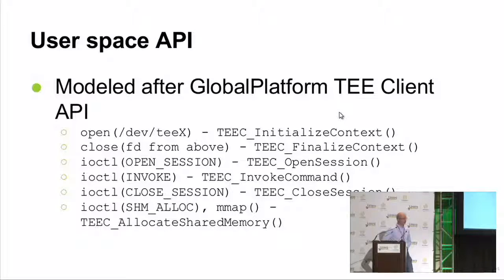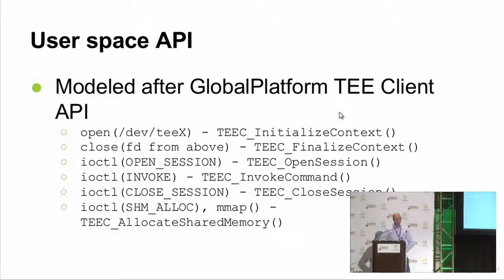The user space API provided by the TEE driver, or actually the TEE subsystem, is the component that exposes it. It's modeled after the GlobalPlatform TEE Client API quite closely, and here we can see how the different functions are mapped.